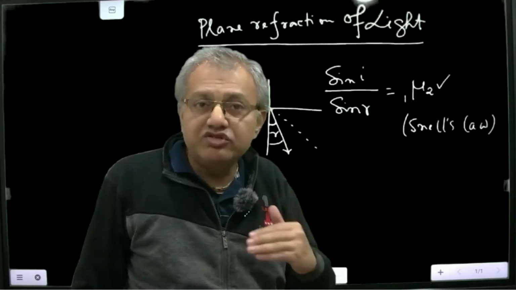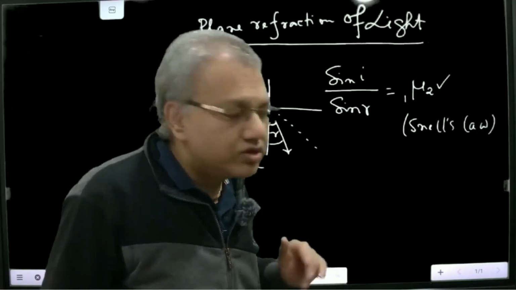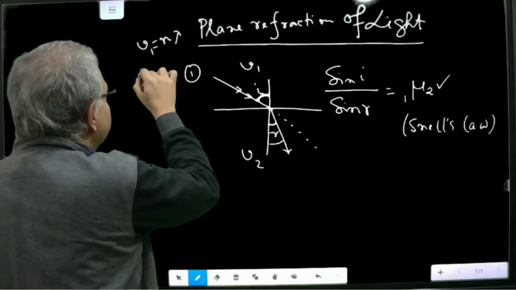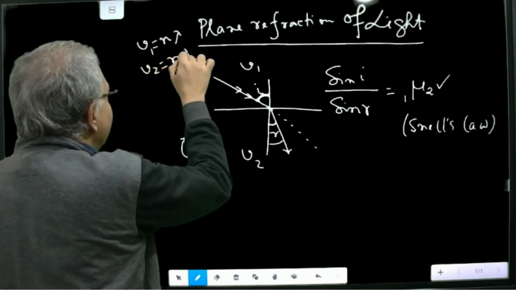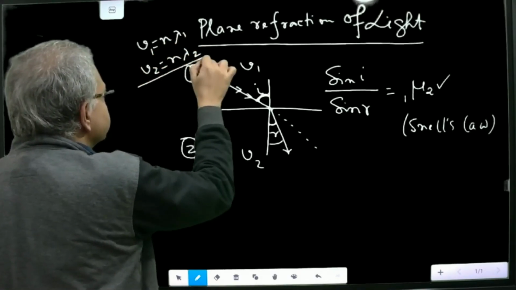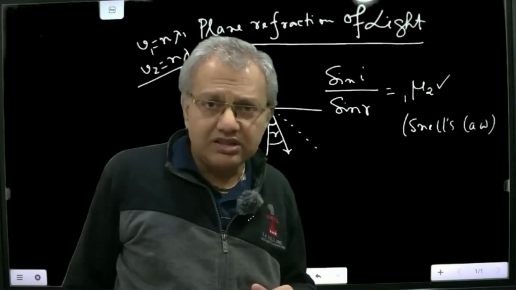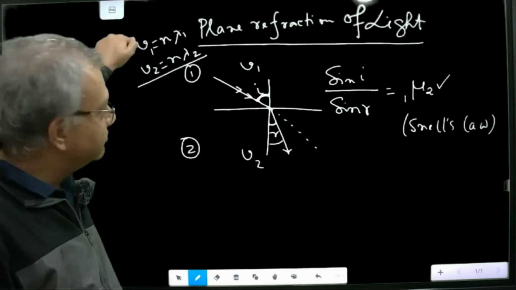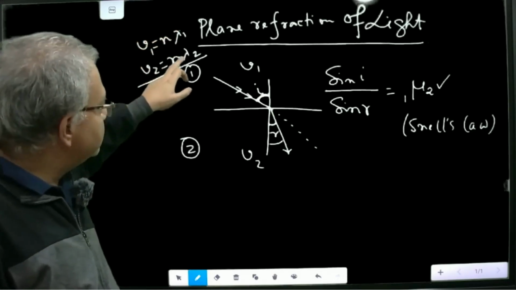If the light changes the medium, the wavelength changes. So now I can write it this way: v1 is equal to n lambda 1, v2 is equal to n lambda 2. Isn't it? Here n means frequency; frequency into wavelength is wave speed.